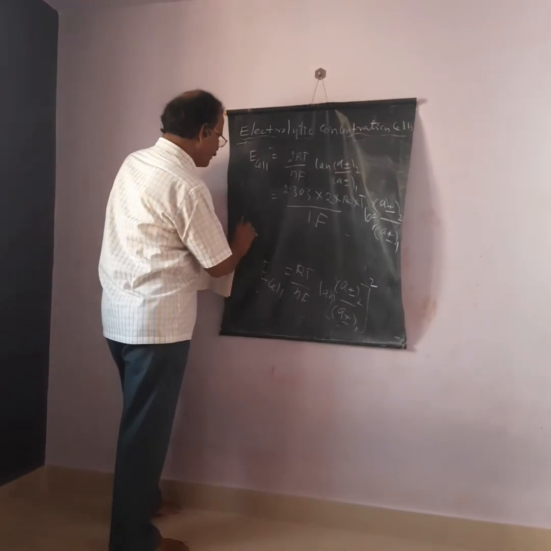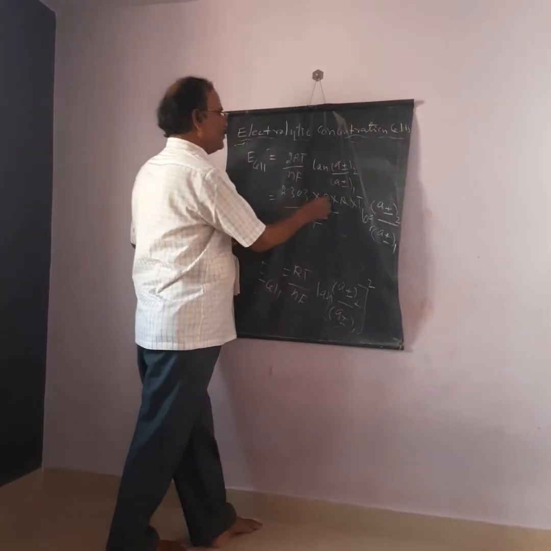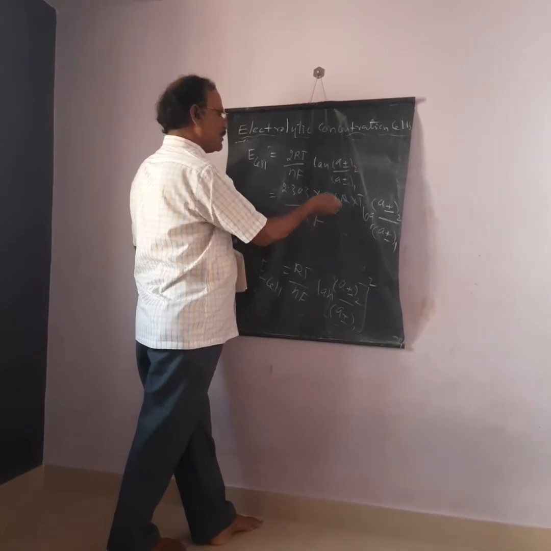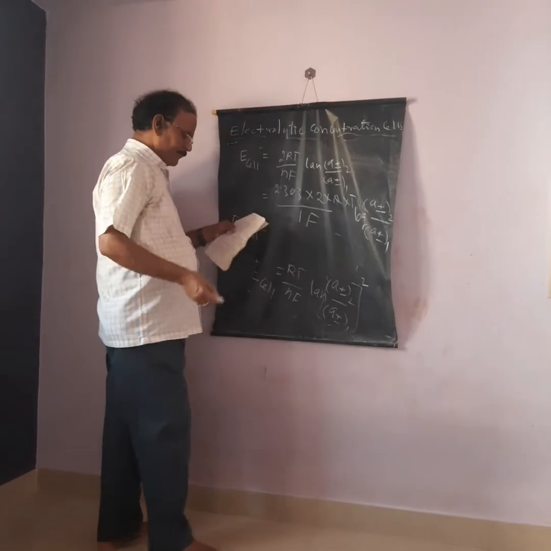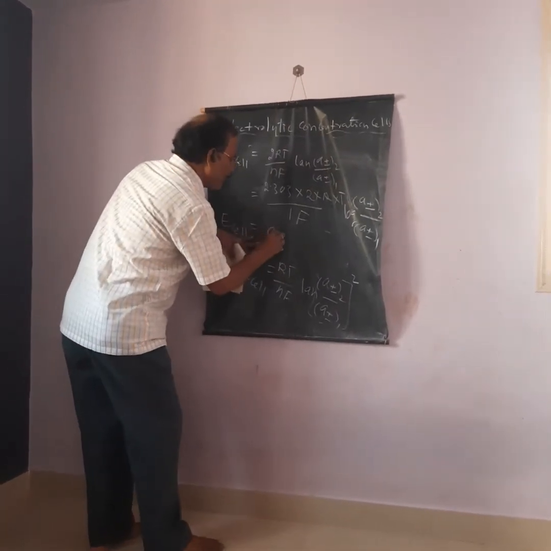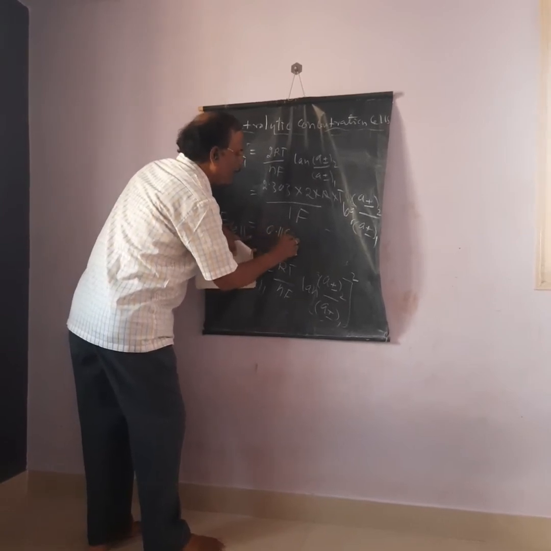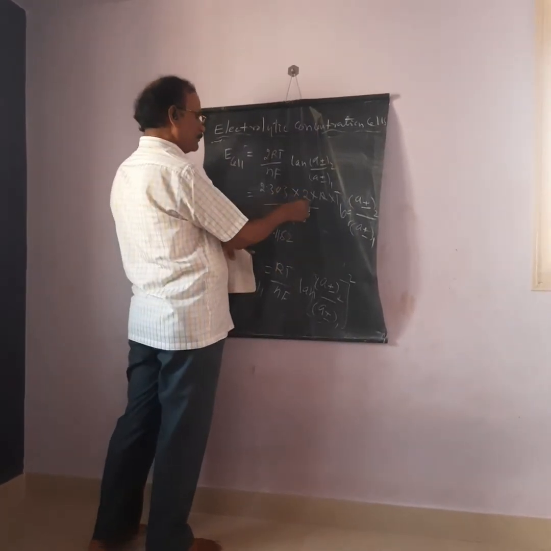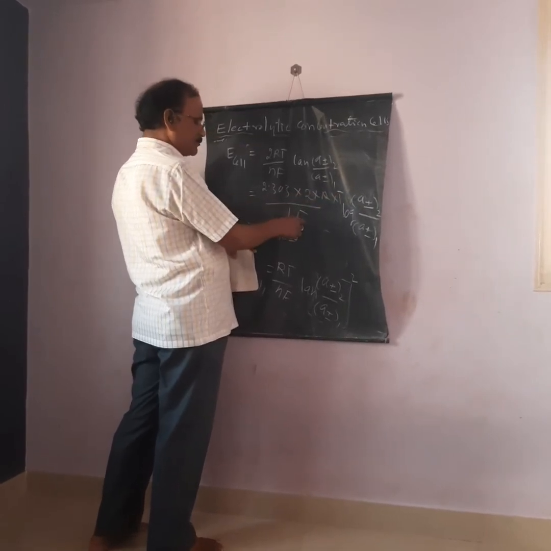Or this is equal to: the EMF of this cell is equal to 2 into 2.303 RT, which is 0.0591, into 2 divided by F. After calculation that becomes 0.1182, substituting RT at 24 degrees centigrade and F as 96,500.